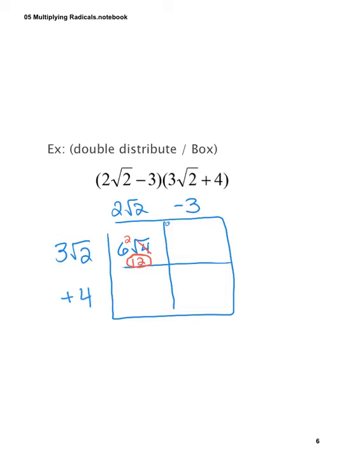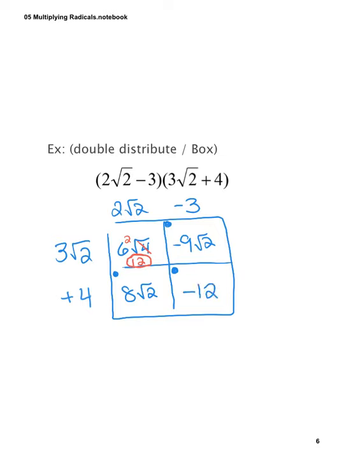If I look at this box over here, negative 3 times 3 is negative 9. And I just have to rewrite the radical 2. If I look at this box here, 2 times 4 is 8. And I just rewrite the radical 2. And if I look at the last box here, 4 times negative 3 is negative 12.